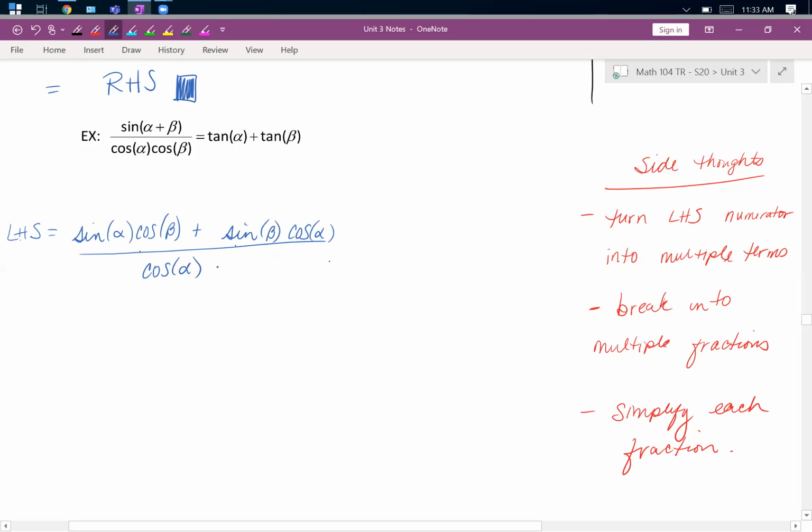Now that we have our numerator as multiple terms, we want to break it up into separate fractions, both having a denominator of cosine alpha, cosine beta.